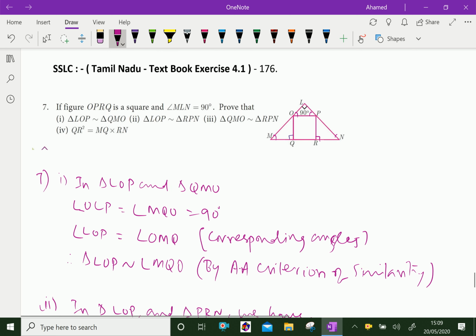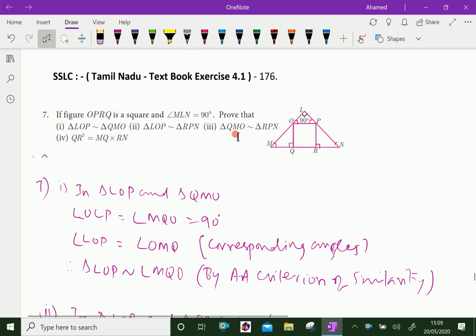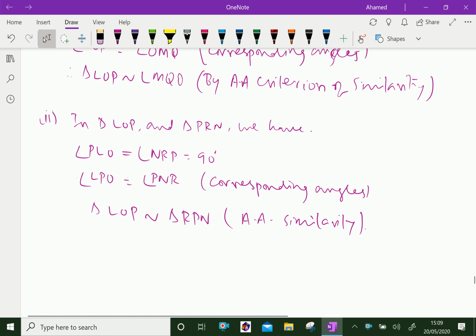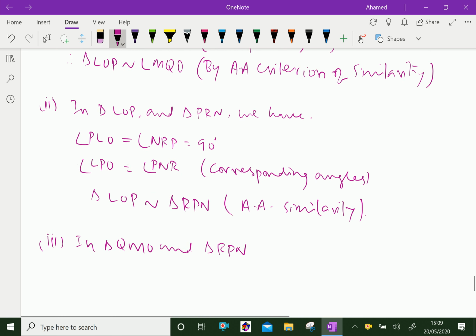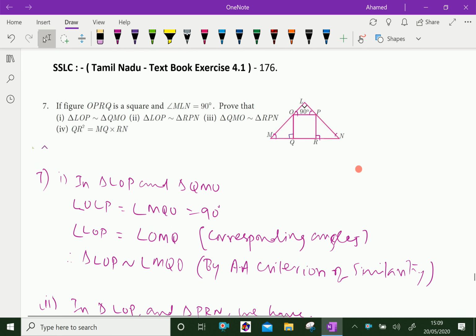Next, third question. Here, in the third question, we have to prove triangle QMO is similar to triangle RPN. In triangle QMO and triangle RPN, first this triangle is similar to this triangle, and this is similar to this, therefore you can say this triangle and this triangle are similar.